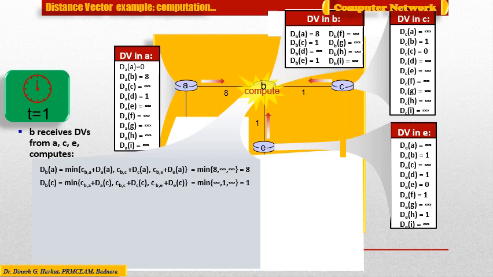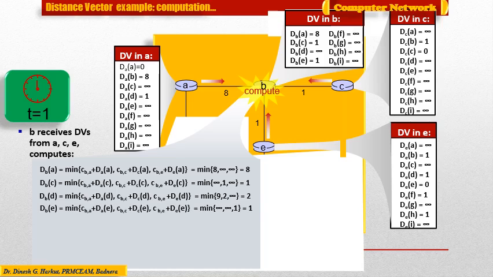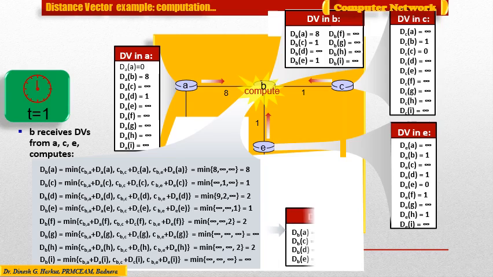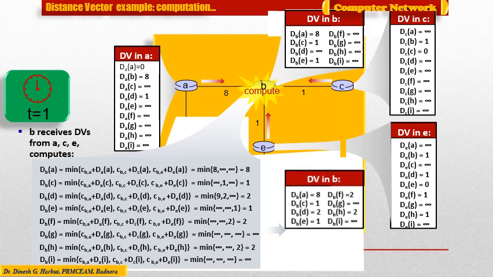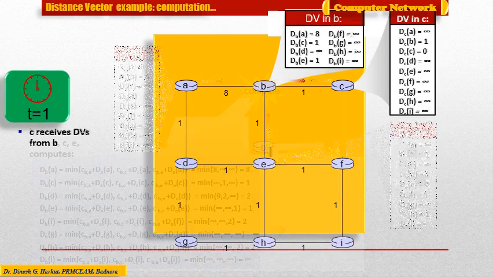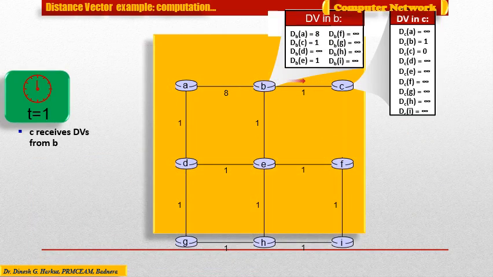dBA is 8, new dBC is 1, dBD is 2, likewise. And then it will update its own distance vector after recomputing. Next, as B's distance vector has been updated, it will convey the updated distance vector to its neighbors.